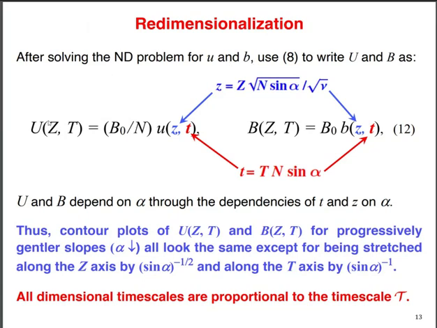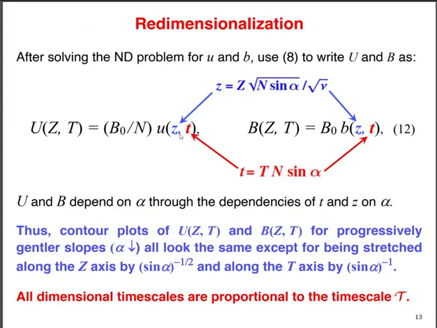So just focusing on the dimensional wind, because of the way that we non-dimensionalize that problem, we can relate the dimensional wind to the non-dimensional wind through this equation here. So it's got this factor of b naught over n. And you have little u, your non-dimensional solution, and little z and little t, the non-dimensional height and time. That's where the alpha is hiding.